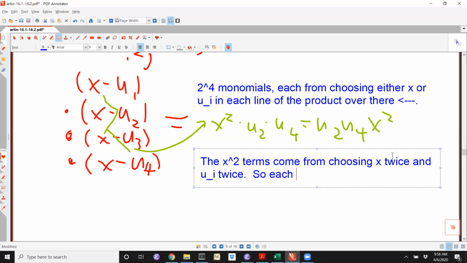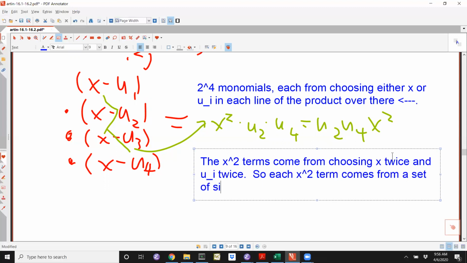So each x squared term comes from a set of size 2, let me say a set i, j of size 2 inside the set of indices 1, 2, 3, 4.